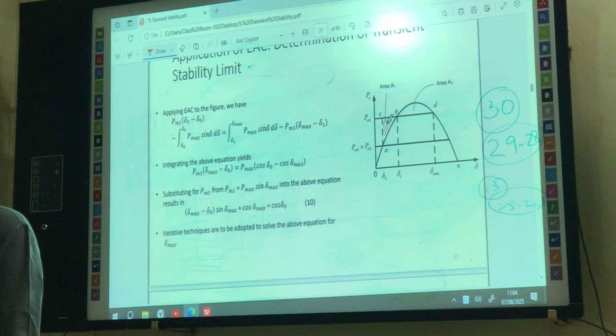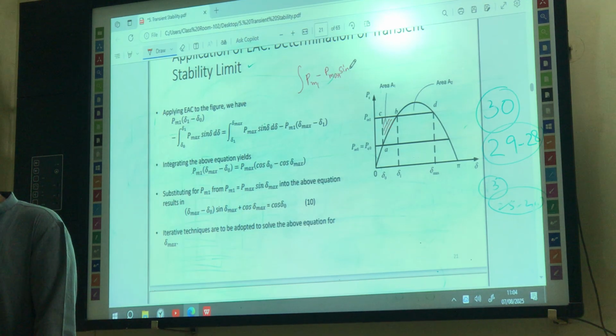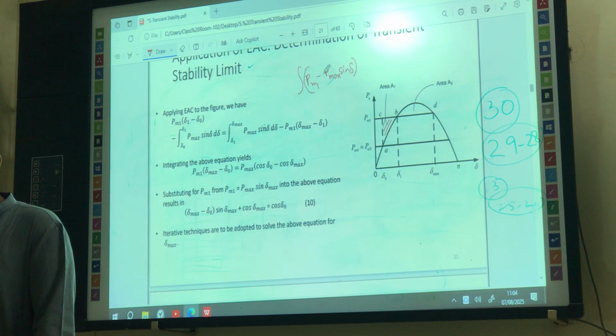We calculated it previously, right? Using this formula, it will be PM1 minus P max sin delta, because this is actually the P. So this is nothing but PM minus P, right? And the integration should be with respect to delta, right? And what will be the limit? It will be from delta 0 to delta 1. Okay.